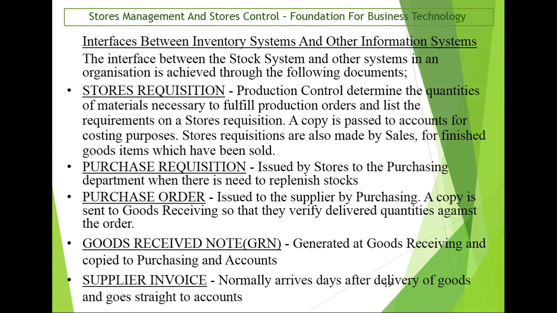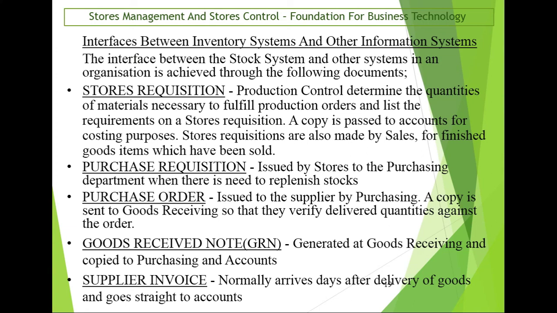Once we receive the stock, we generate a goods receiving note or a goods received note. So this is a document that states or confirms the quantities that have been received from the supplier. So as you can see, at every stage of the transaction process, we are generating documents that provide information of activities at each of those stages.